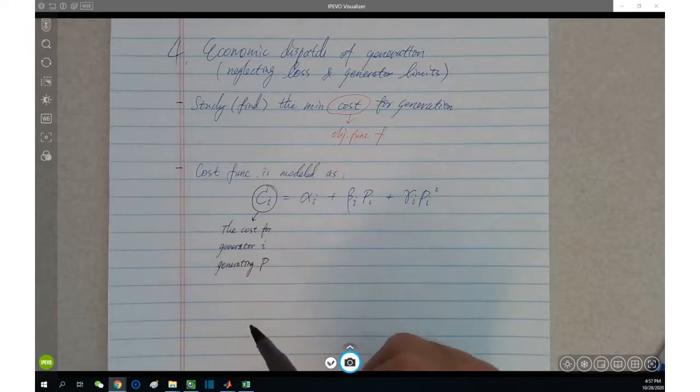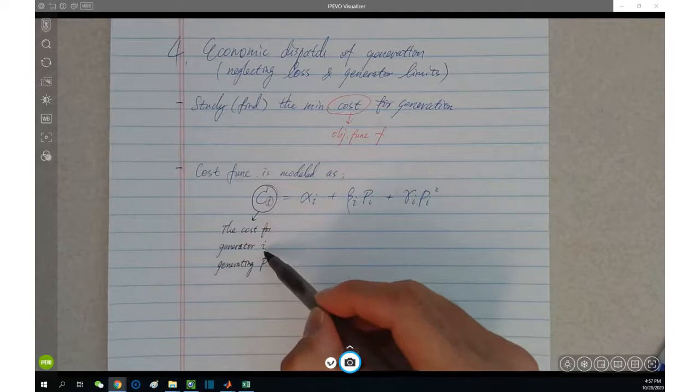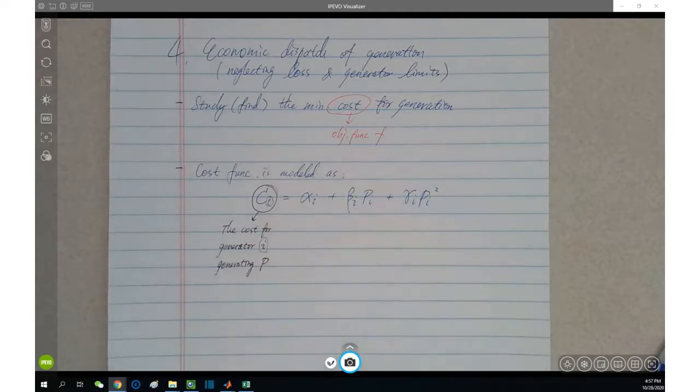Here i is the index of the generator. So we have C1 through Cn maybe, which means we have n generators. They have different cost functions, C1 through Cn. So this C refers to one particular generator. It's not the total cost yet. It's an individual generator.